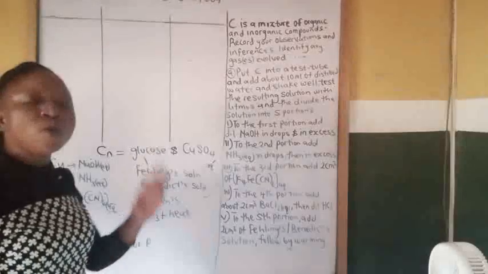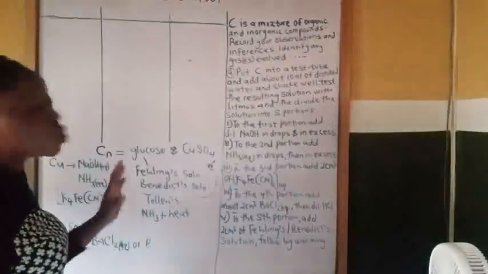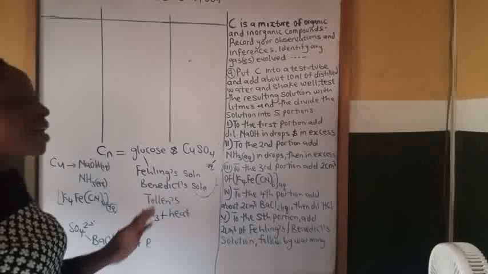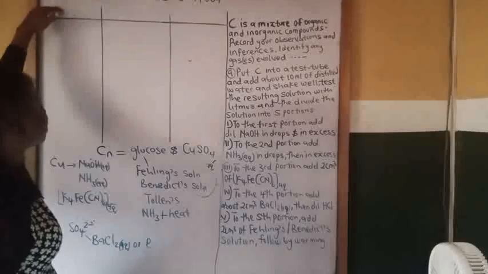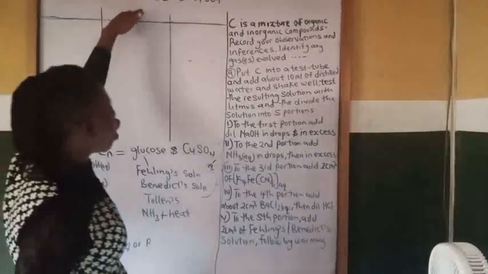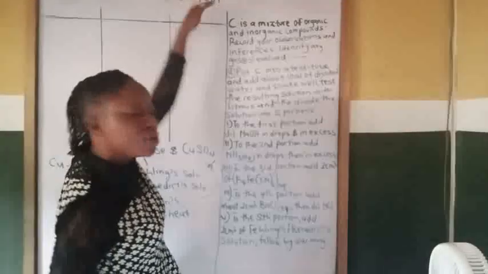You are going to prepare a table. The table will be divided into three columns. The first one will be for test, the second one for observation, while the third one will be for inference.